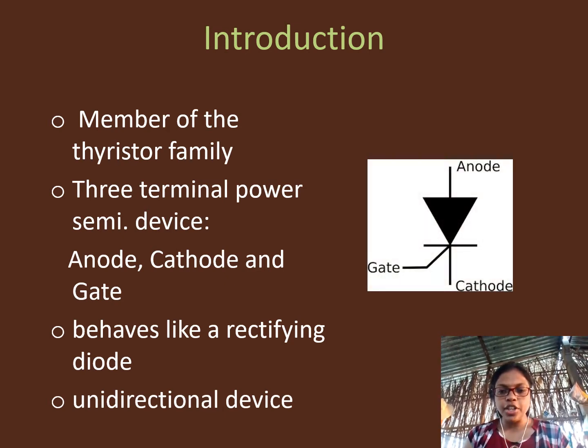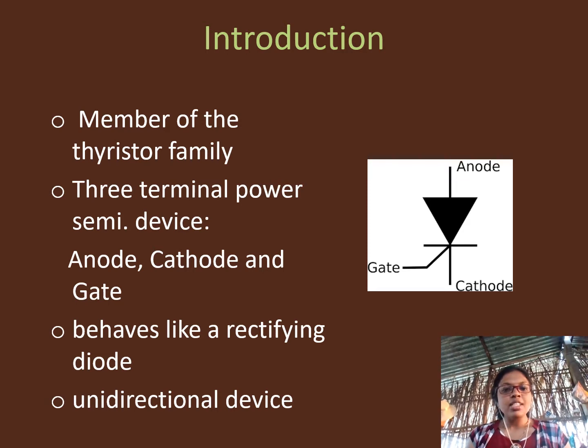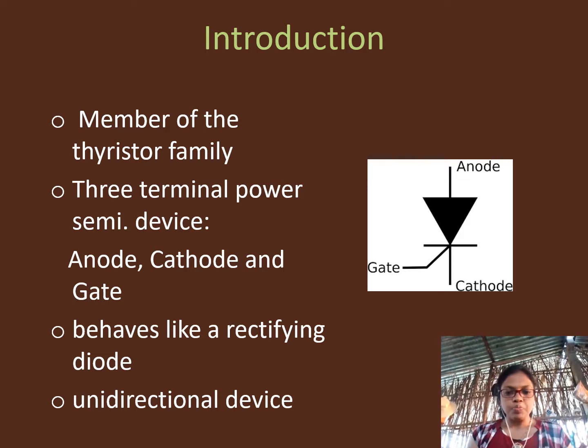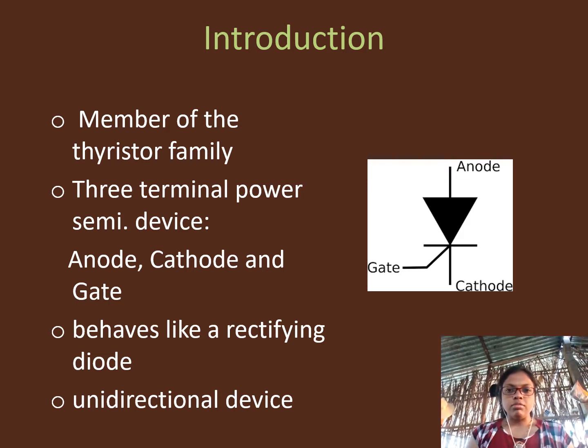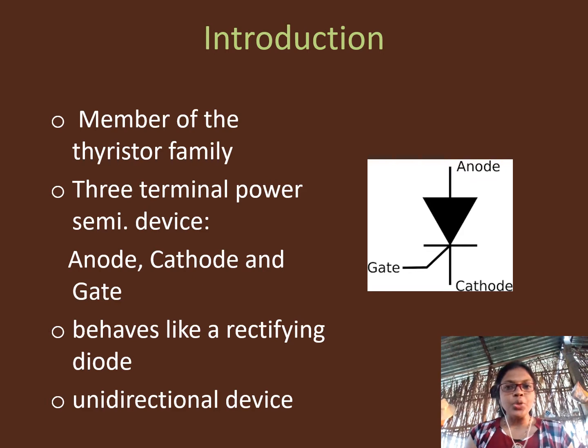As you can see in the image, this is the symbol of the silicon control rectifier having three terminals: anode, cathode and gate. Many semiconductor devices operate in both directions, but this device operates only in one direction.